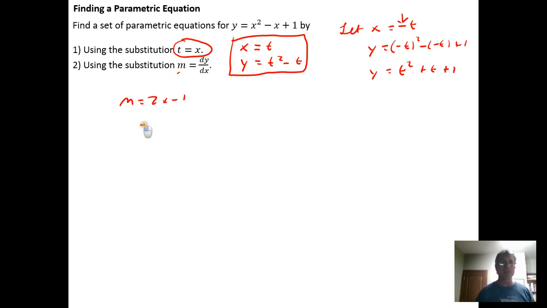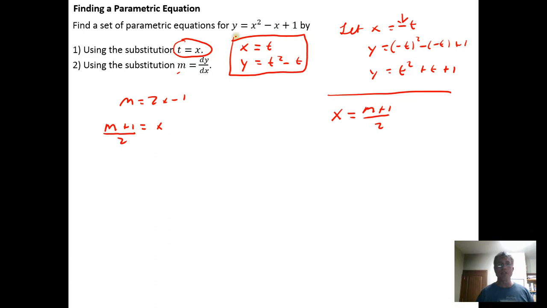I could then solve this for x, right? We could add 1 to both sides and then divide both sides by the 2 that's a coefficient on the x. And now I have a parameterization of x in terms of the derivative of y. m is just a variable sitting there. And then, of course, if we do that, now we have a parameterization that has x equals (m plus 1) over 2.